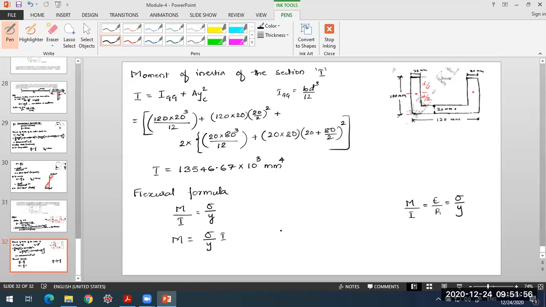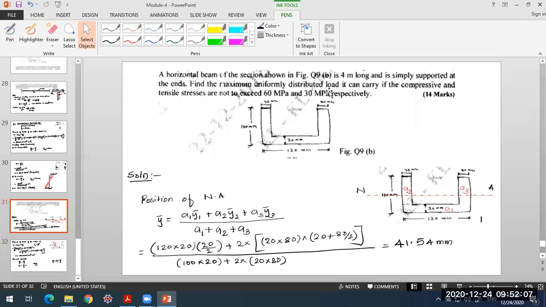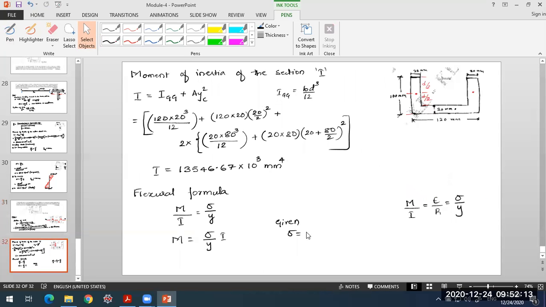Now, we are given this value of sigma. What is told to us? The permissible stress in compression is 60 and in tension is 30. So for permissible compressive stress, it is 60, and the sigma value is 30 Newton per mm square or MPa under tension.